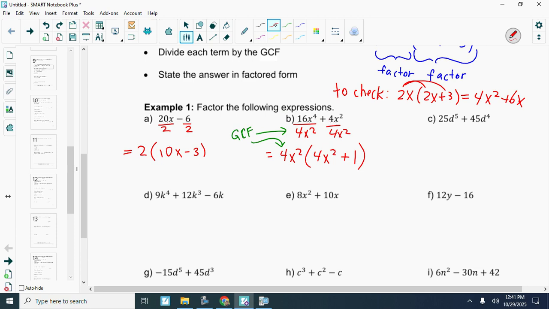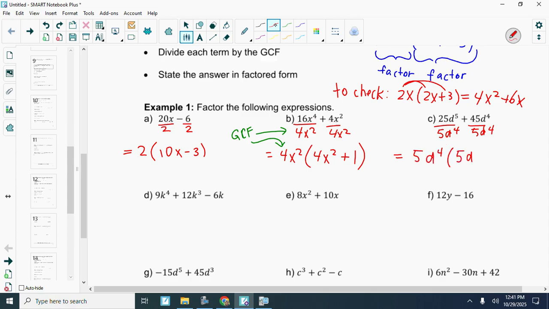When we're looking at 25 and 45, we're looking at greatest common factor. You're like, okay, 5 can go into both of them. They both have a D, so we can pull out a D. What exponent are we going to take out with the D? Yeah, the lowest exponent between those two terms. Absolutely. So we have 5D4.